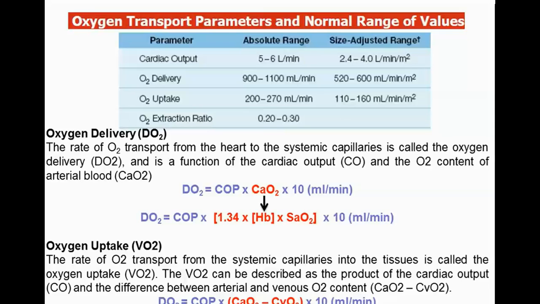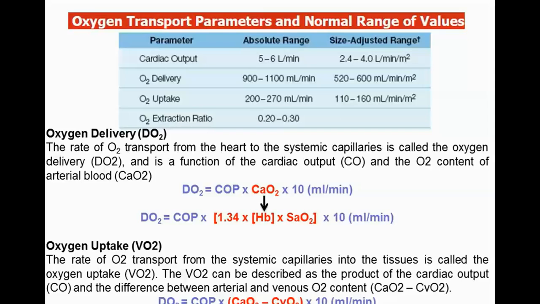What's the oxygen uptake? As we said, the oxygen uptake is the difference between the oxygen content in the arteries and the veins. The oxygen content in the arteries, how much? 20. Veins, 15.